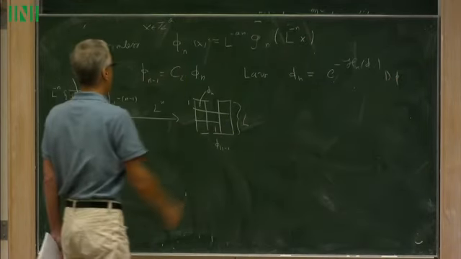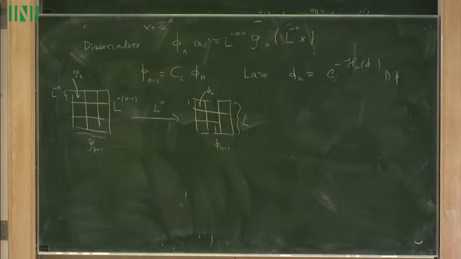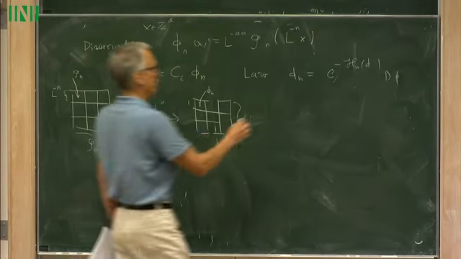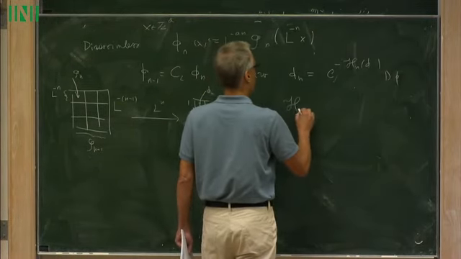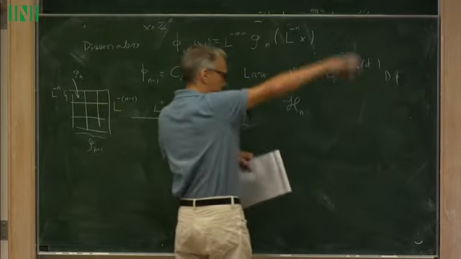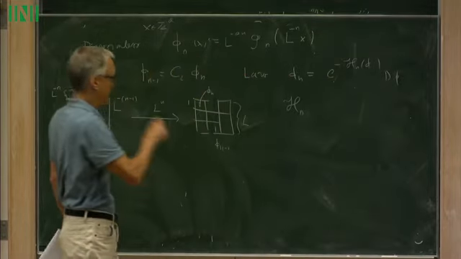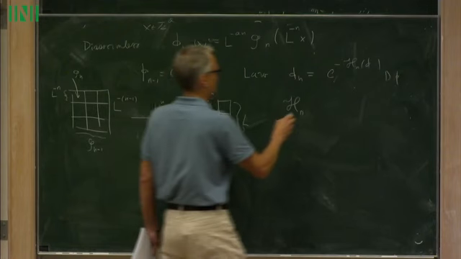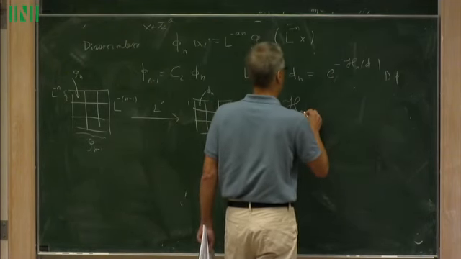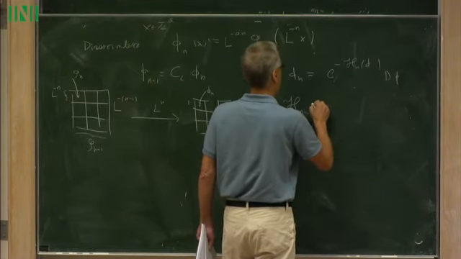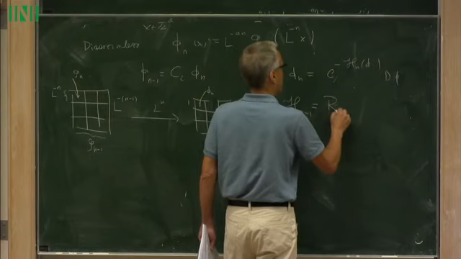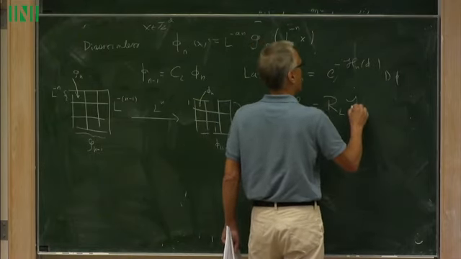And then these guys are related by the renormalization group transformation, just H. If you reduce the scale, increase the observation scale, then you get this relation.